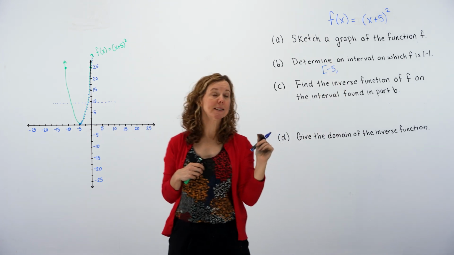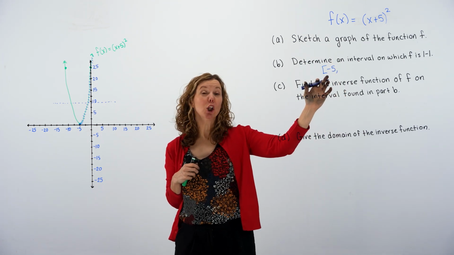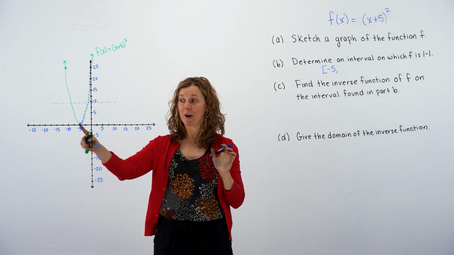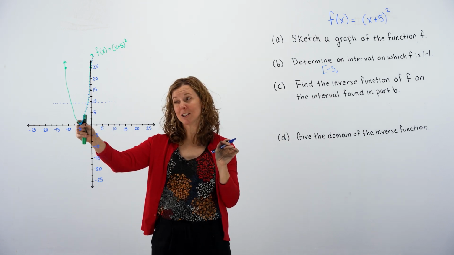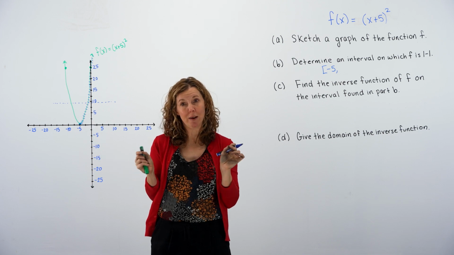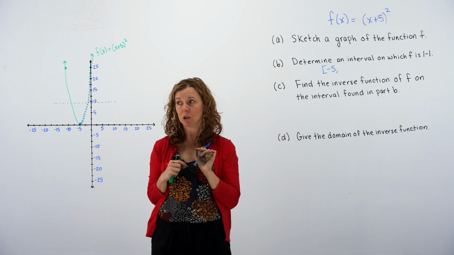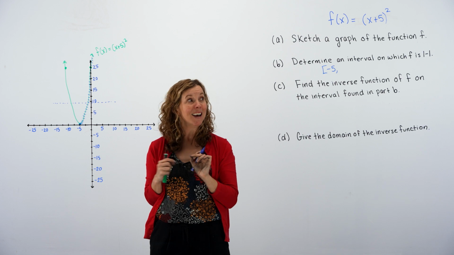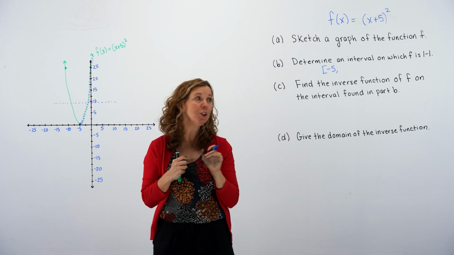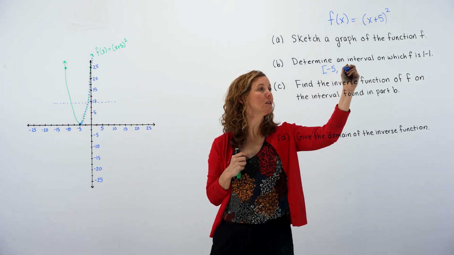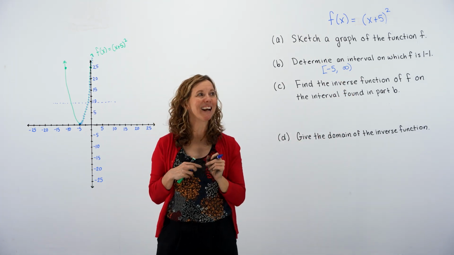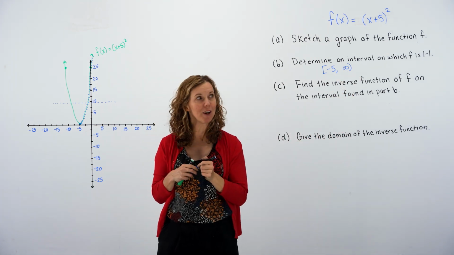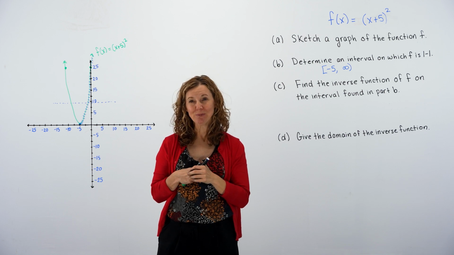And notice that I am purposely including that x value of negative 5 because we said it's okay to take the vertex. We just can't go at all to the left of it. Otherwise, we're now failing the horizontal line test. The function would no longer be 1 to 1. And the x values can continue forever in the positive direction. And so one such interval would be negative 5 to infinity, where negative 5 is included.